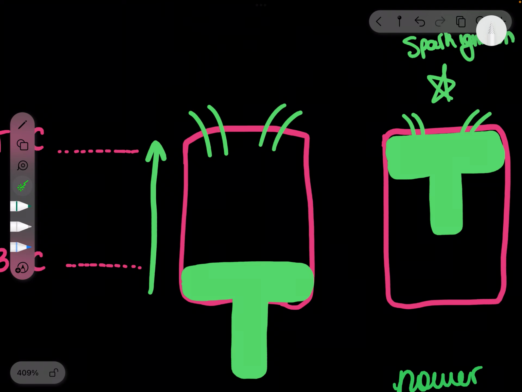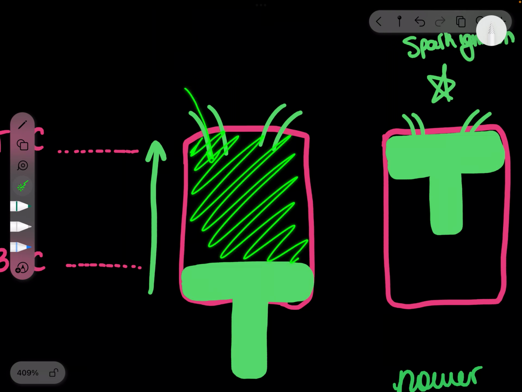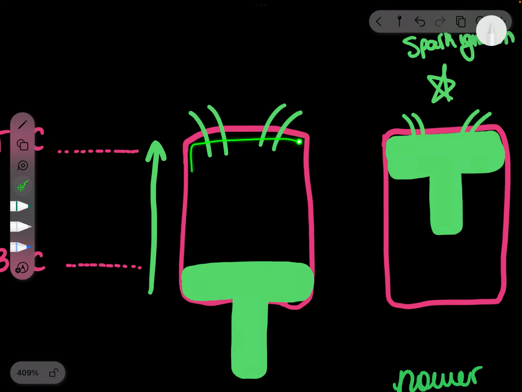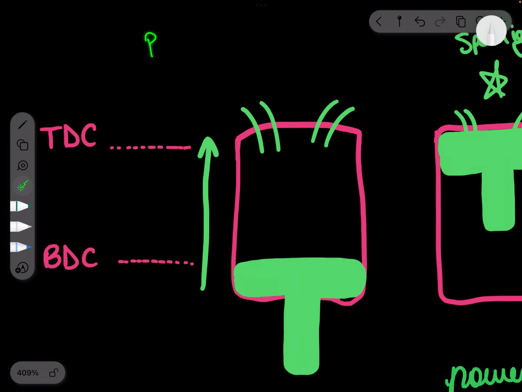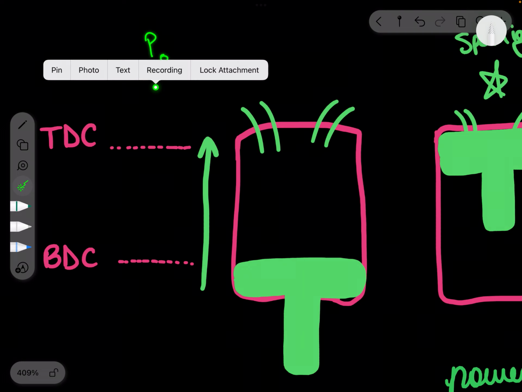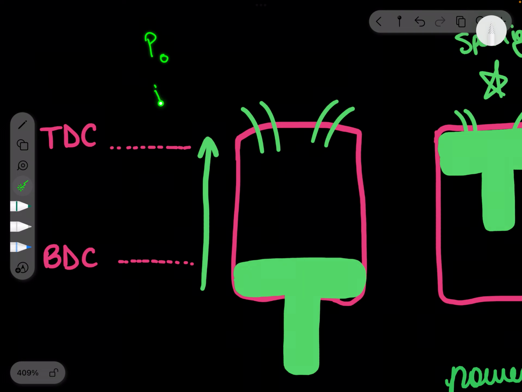Well, in order to make space for the air to come in, you have to pull down the piston in the cylinder from top dead center to bottom dead center. So you have space. So pressure is constant, atmospheric pressure, and volume is increasing.